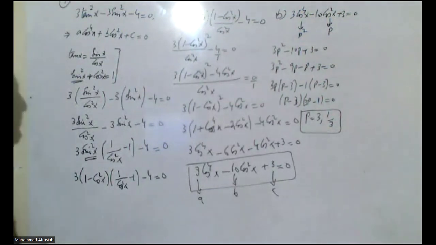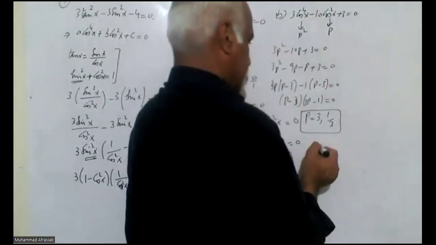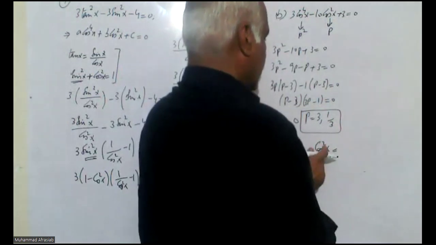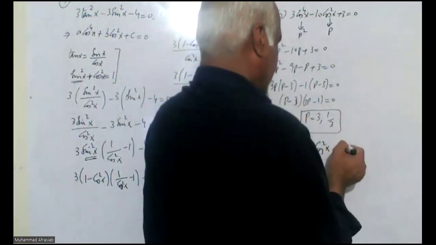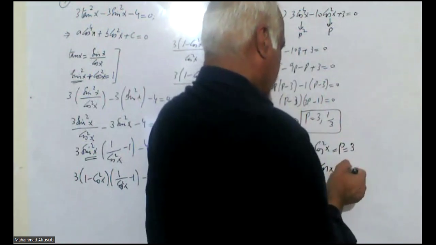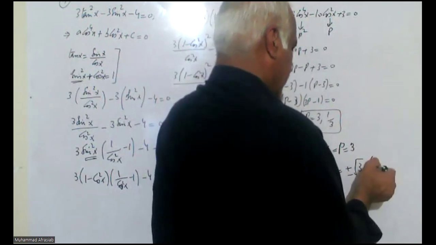But the p value is equal to cos square of x. So cos square of x is equal to 3, then cos of x is equal to plus minus square root of 3, which is not possible.